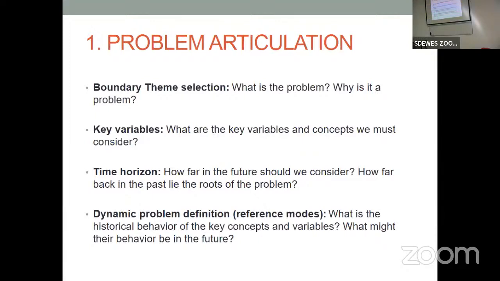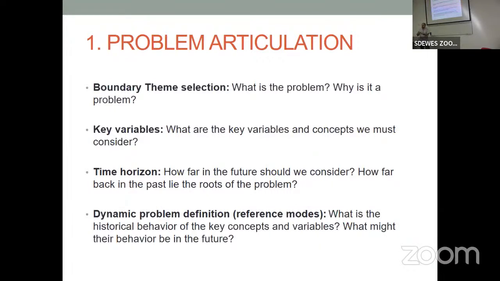And finally, we have to define what are the dynamic problems. That means what is the dynamic behavior that we have been watching for years or for weeks or whatever, and this dynamic behavior is what we want to solve, to change. In our case, it's quite clear.